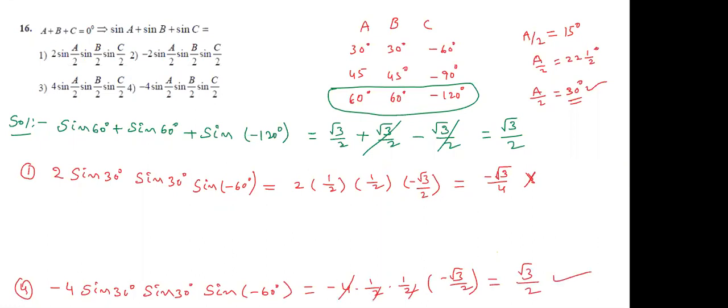Yes, it is satisfied. Then what about the second option and the fourth option, students? Second option, you will get root 3 by 4. This is the wrong answer. Then in the other option, you will get minus root 3 by 2. This is also the wrong answer. Okay, I have written it directly. So finally, the fourth option is correct.